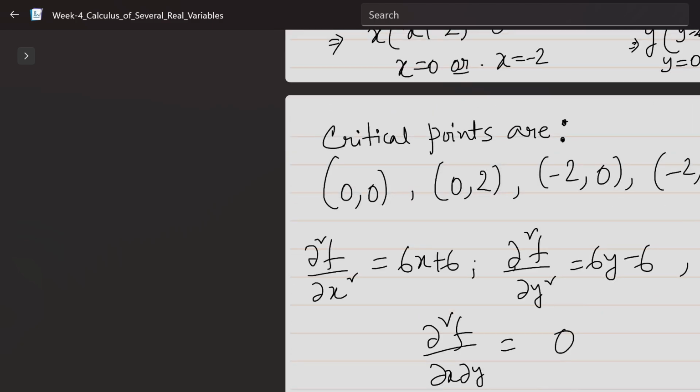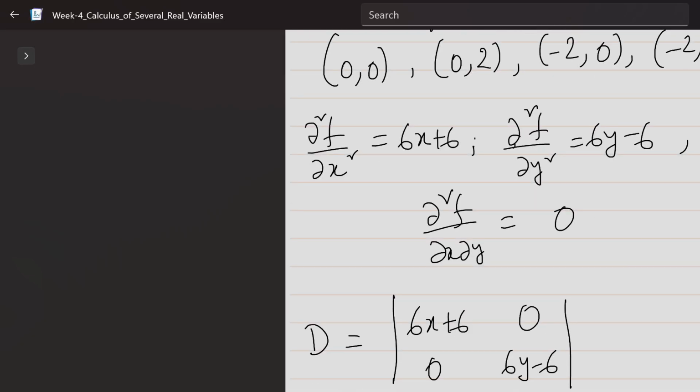So what is your D? D is this determinant: 6x plus 6, 0, 0, 6y minus 6. So it is 6x plus 6 into 6y minus 6, right?